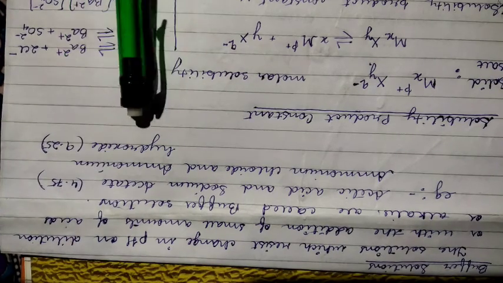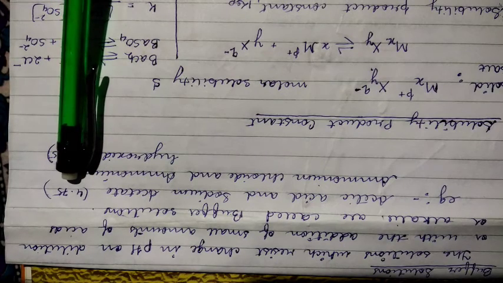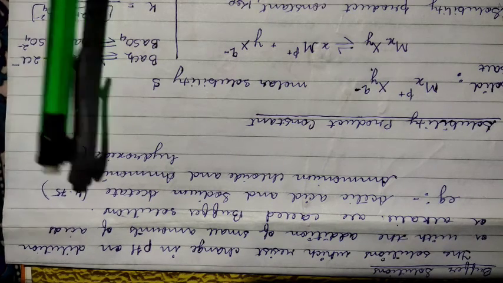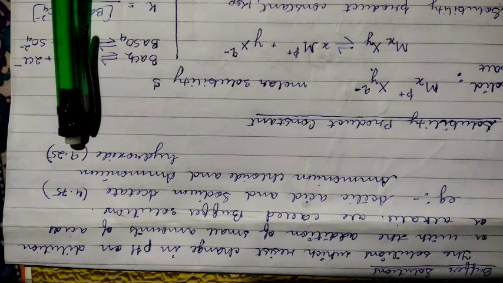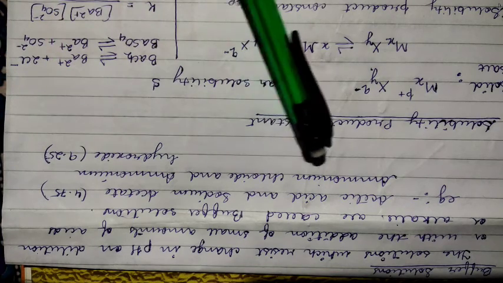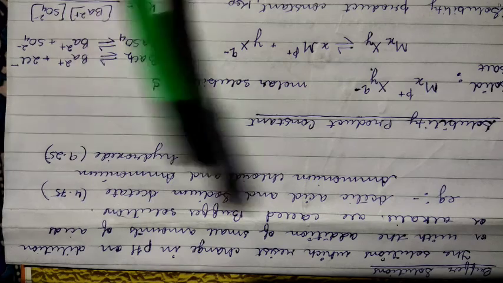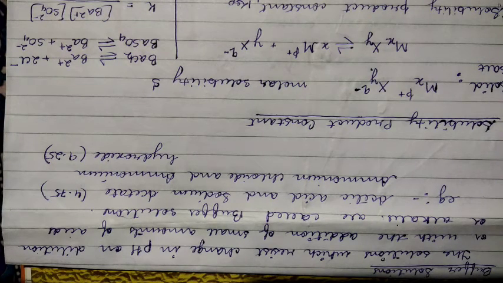Remember, if it is less than 7, then it is acidic, and if it is more than 7, it is basic. So at 9.25, it is not going to change the pH if you add only a small amount of acid or base. Again the same thing, if you add a much larger amount of acid or base, then it is going to change the pH, no doubt. But for a small addition of acid or base, it is not going to change the pH from 9.25.